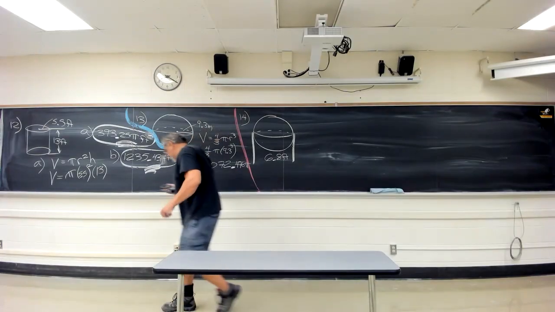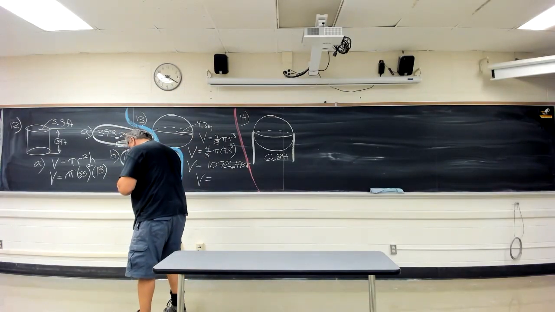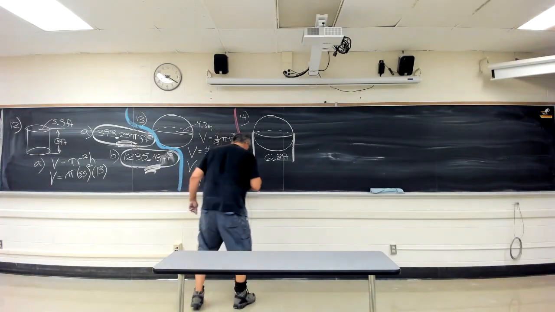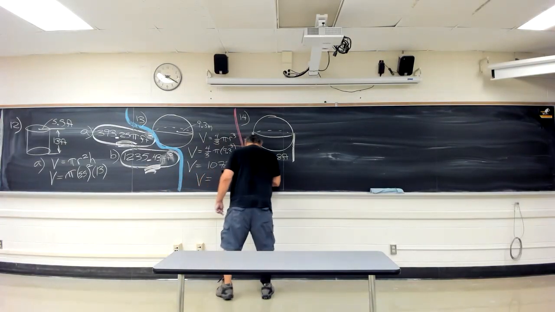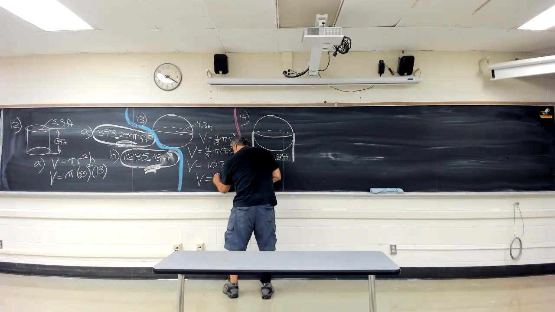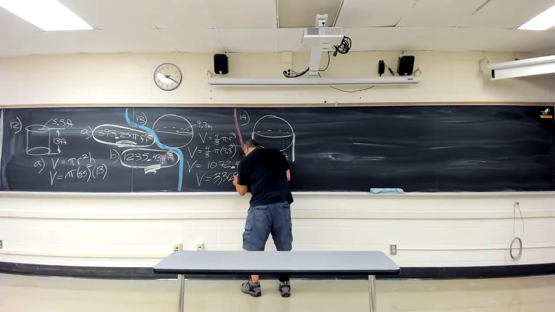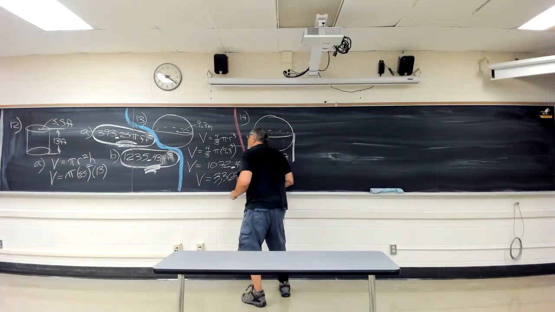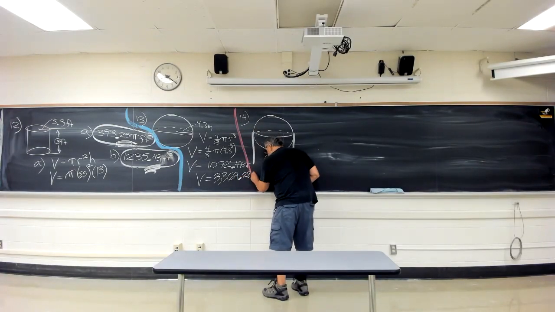That's the exact answer. 3,369.2827. 3,369.28 meters cubed.